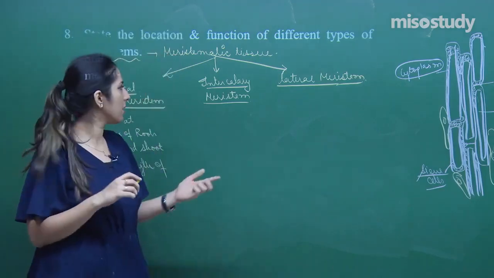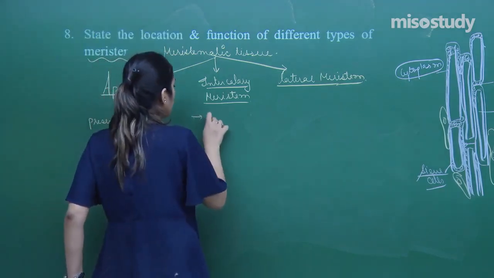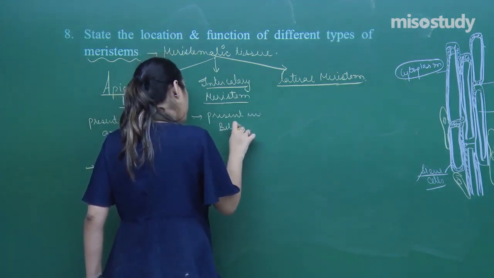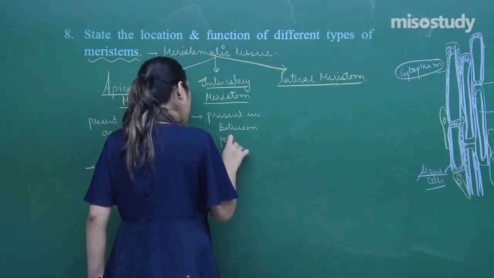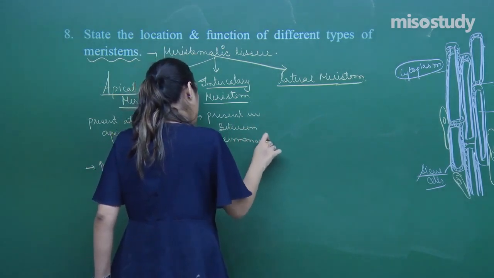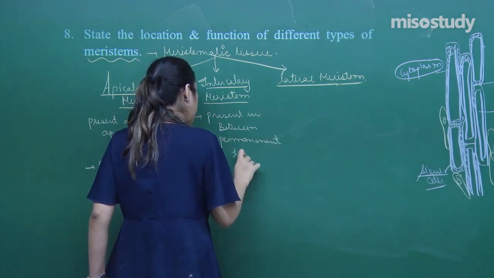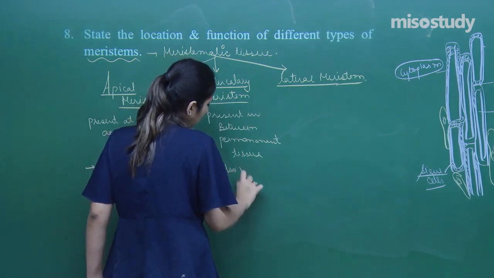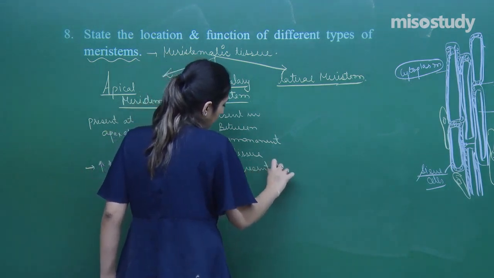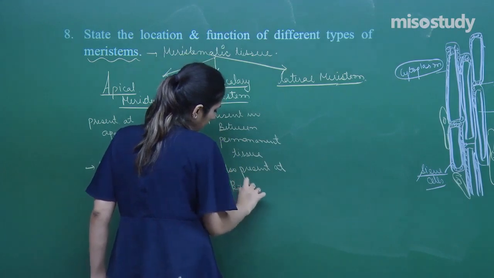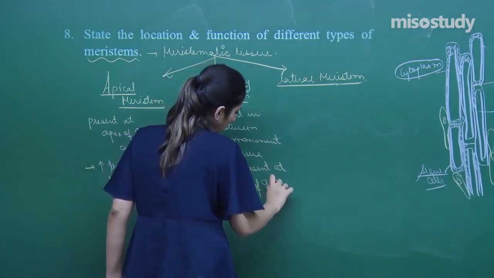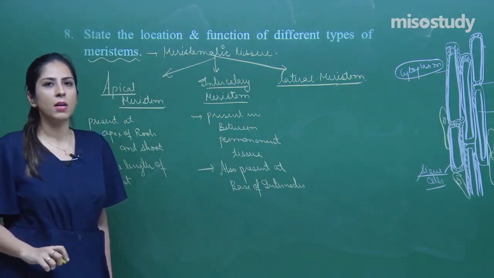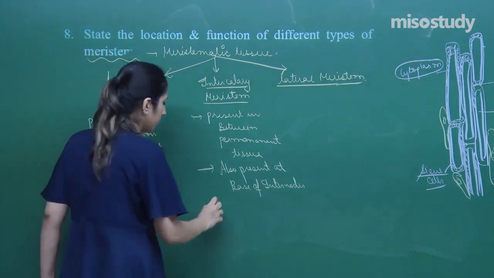Intercalary meristem is that meristem which is present in between permanent tissue. And they are also present at the base of internode. And intercalary meristem also help in increasing the length of a plant.